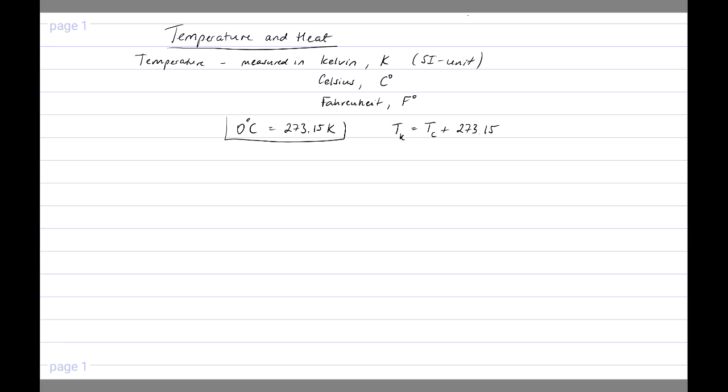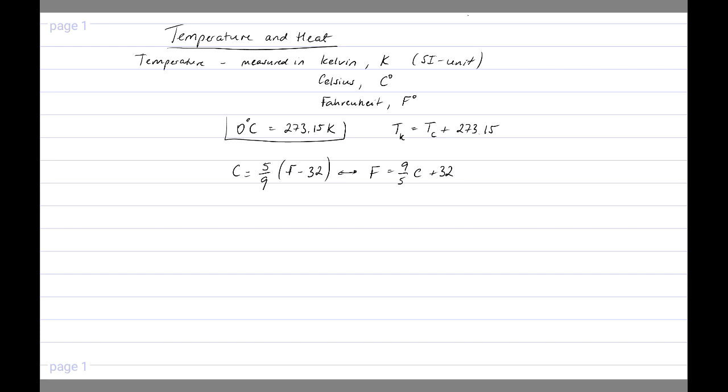To convert between Celsius and Fahrenheit, Celsius temperature is 5/9 of the Fahrenheit temperature minus 32 degrees. And going back the other way, Fahrenheit is 9/5 Celsius plus 32. Note that only this first example has a parenthesis. There is no parenthesis in this conversion.